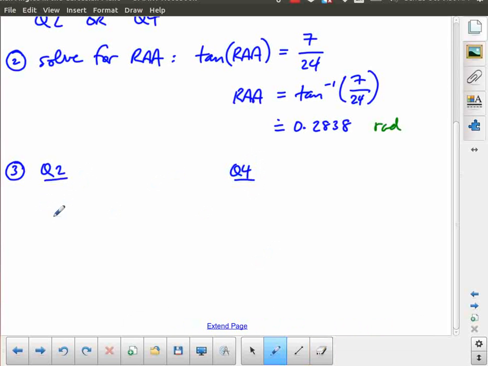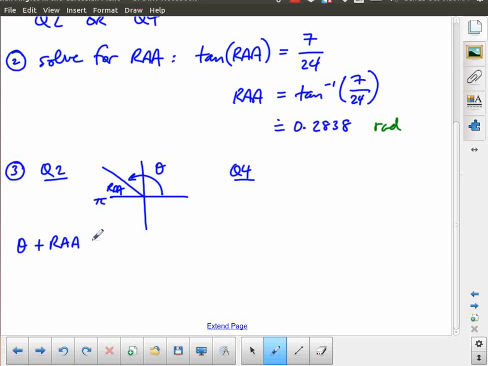So in quadrant 2, what does that look like? In quadrant 2, that means my angle is over here, and my related acute angle is 0.2838. So there would be my related acute angle, and that would be my value theta. So how do I combine this with this? Well, over here the negative x-axis is the angle pi, and so if you do this literally, you could say that theta plus the related acute angle equals pi.